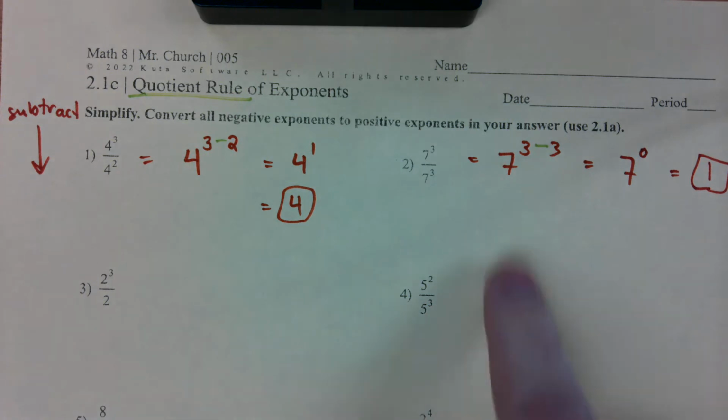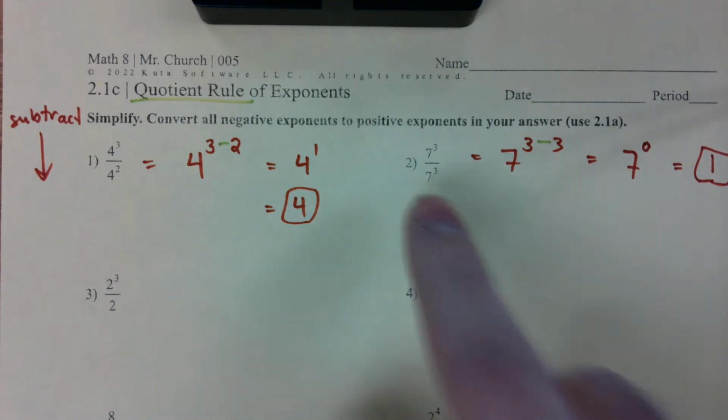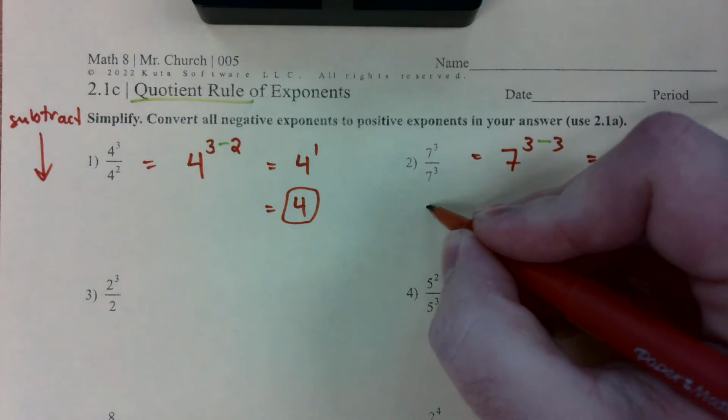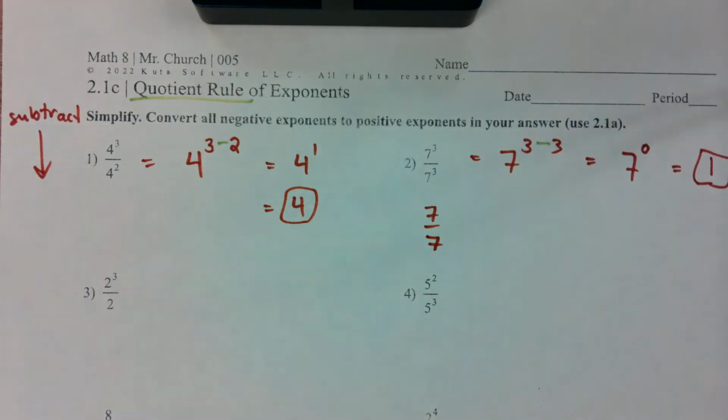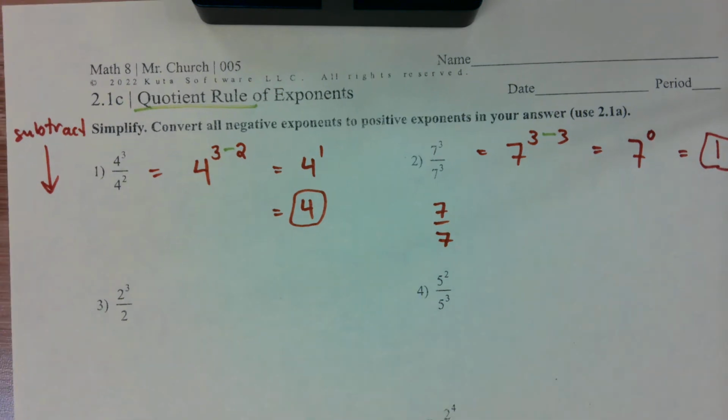Now forget these steps for just a second and look at our original problem. If I told you to solve this, 7 over 7, what would you say that fraction is equivalent to? 1. Why would you say that? Because it's a full fraction. Okay, so we have the same thing on the top and bottom.